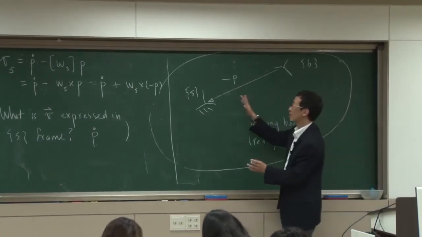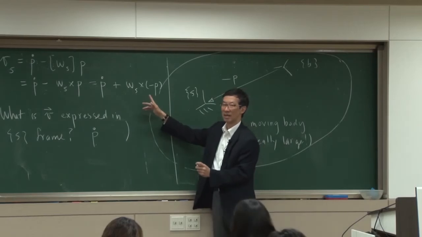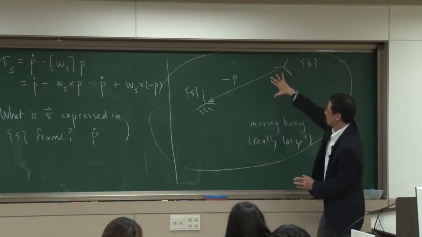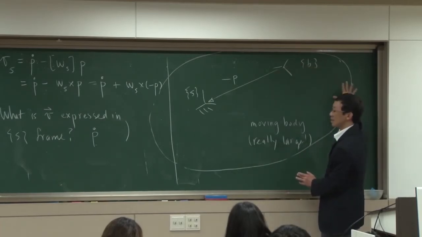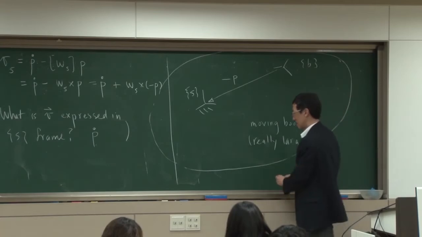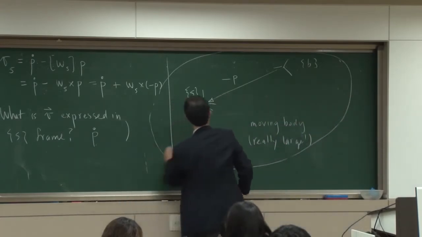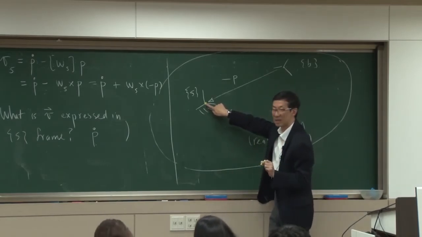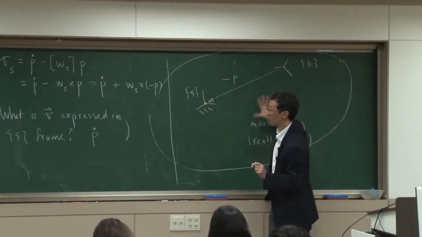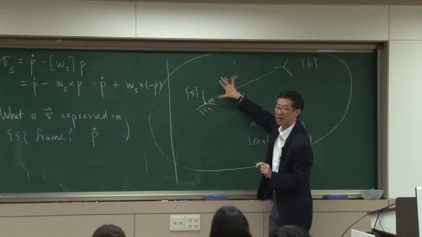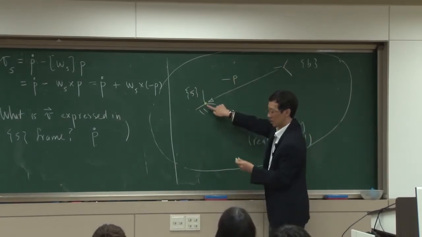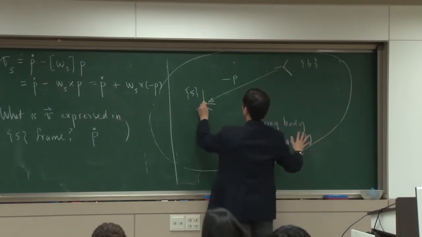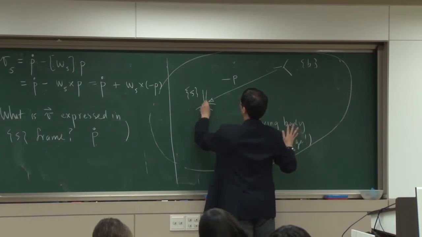Now, if you think about that, you say, aha, here's the answer. What is this? This is the following. If this body is moving, imagine this point, the origin of S. This point is now a point on this moving body. So if the body moves, this yellow point moves. The body moves this way, so let's say it moves that way.